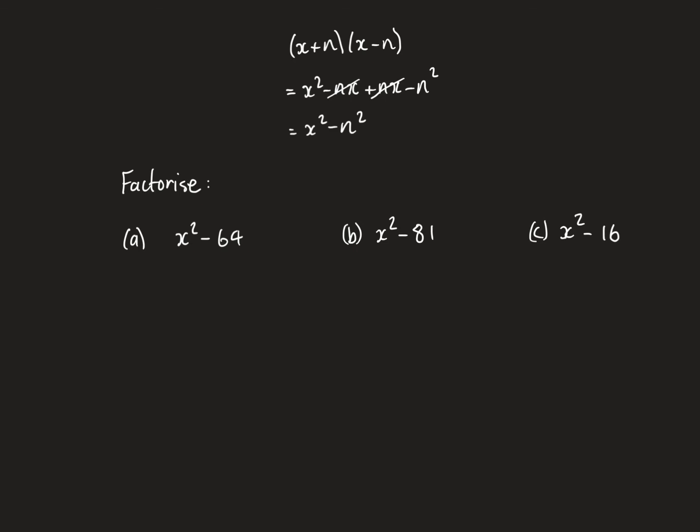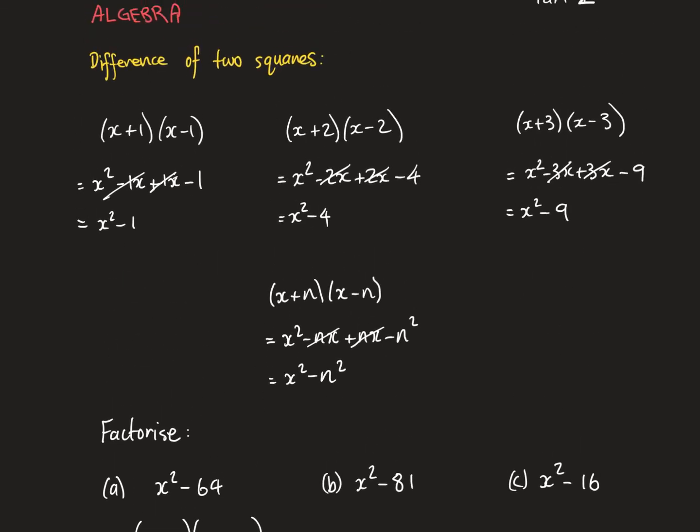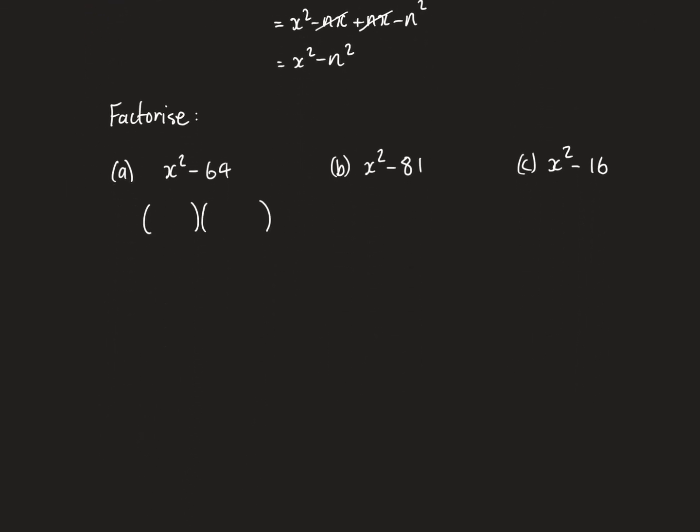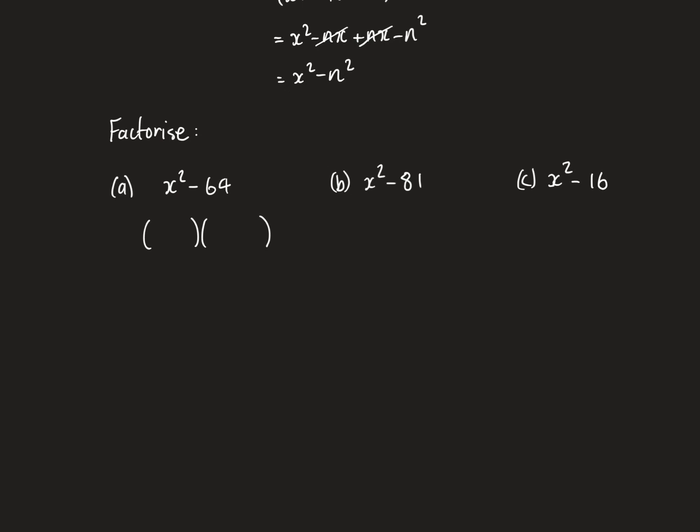All right, welcome back. So we expanded out. We're going to have these brackets, just like we did up here, where we started off with the brackets. I'm going to write them in for all of these, because that's our goal, remember, at the end. We're wanting to factorize them back into their factors.